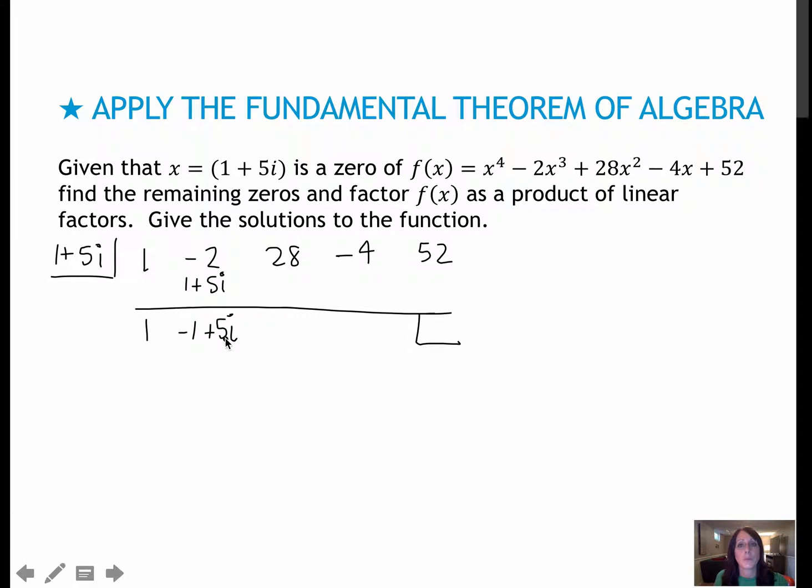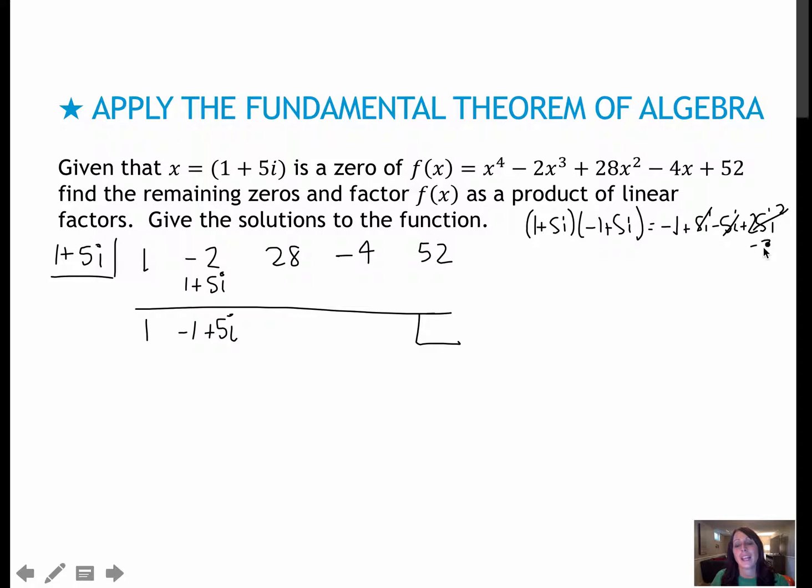And now I'm going to multiply. So again, feel free to show that work. One times -1, 1 times 5i, 5i times -1, 5i times 5i. These two cancel.